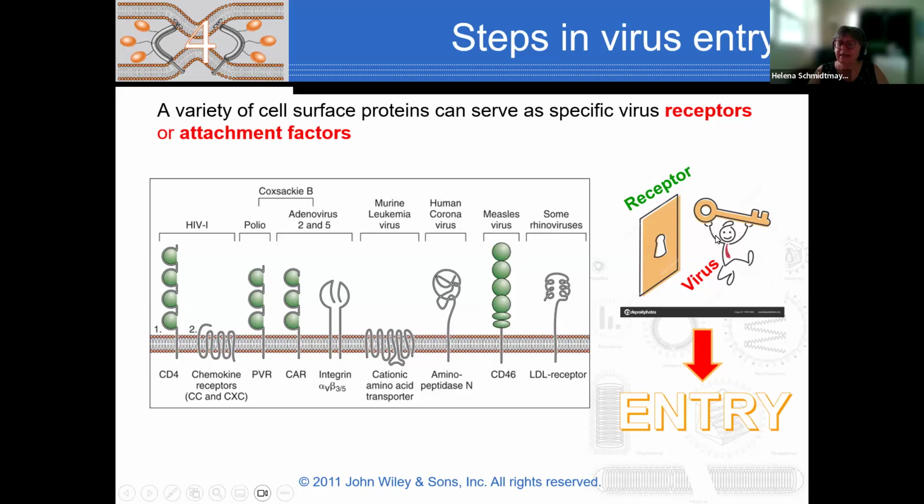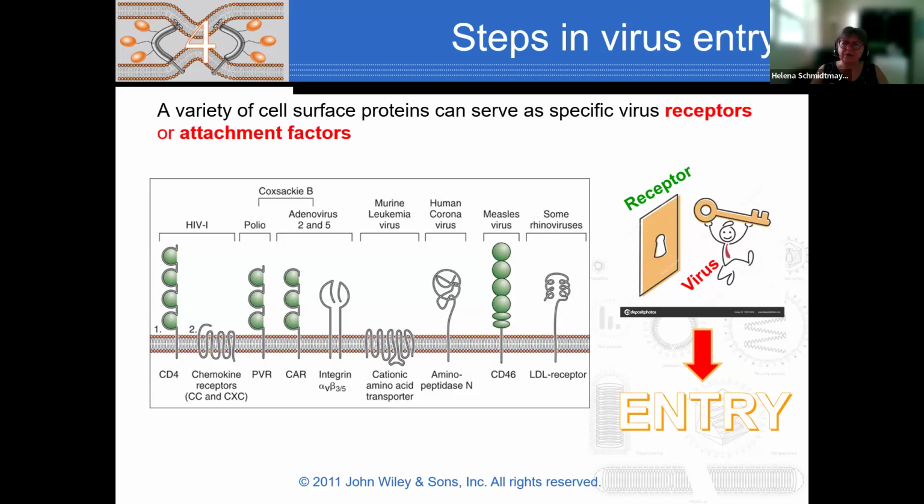If that key fits into the lock, the opening is granted, so the virus can enter target cells. And there is a difference between receptors and attachment factors. Sometimes, for example, there are a lot of chemokines on the surface, or a lot of glycoproteins on the surface which can interact with the surface of the virus.